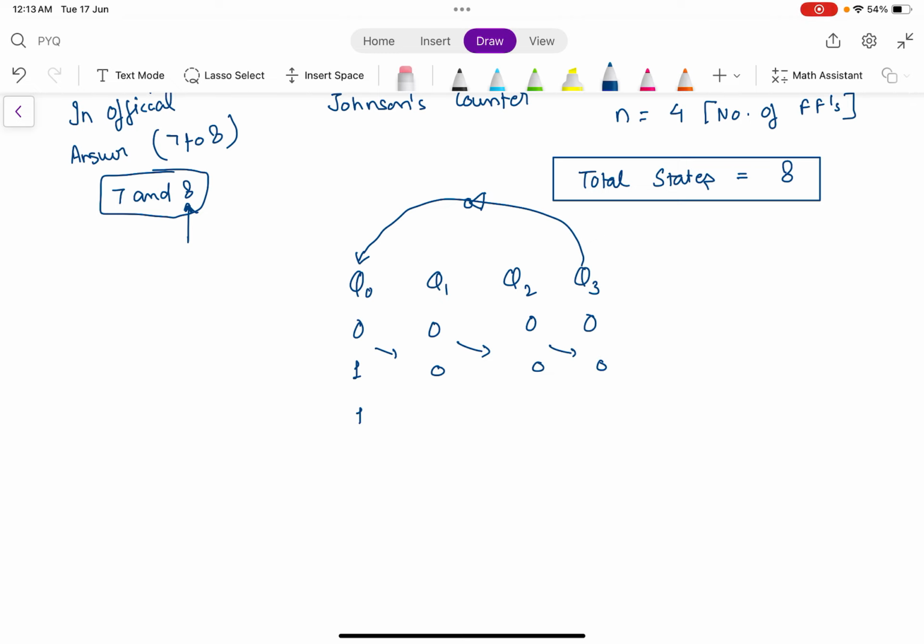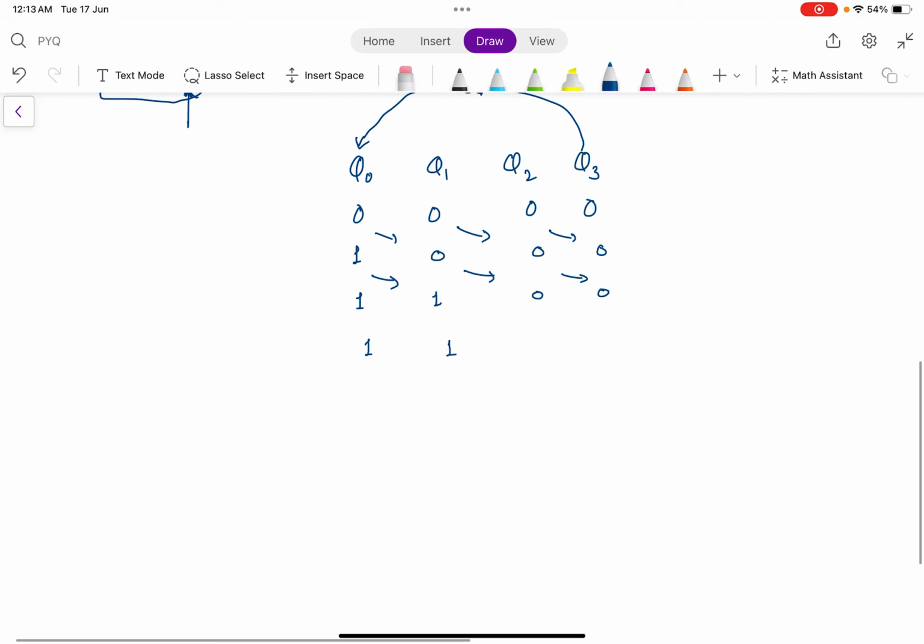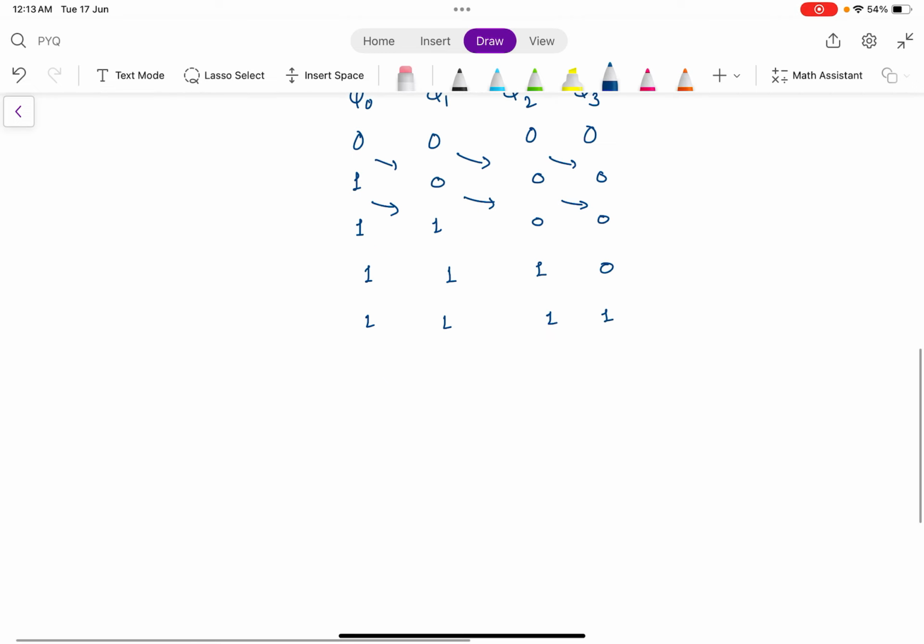The same would happen again. This bit becomes 1. Now these bits got shifted, and this goes on and on. 1, 1, 1, 0, and again all becomes 1, 1, 1, 1. Again we didn't get the same state from which we started.